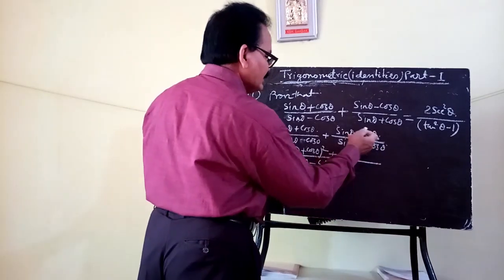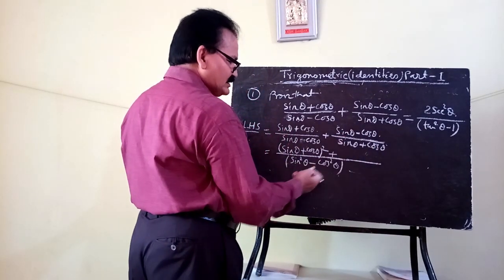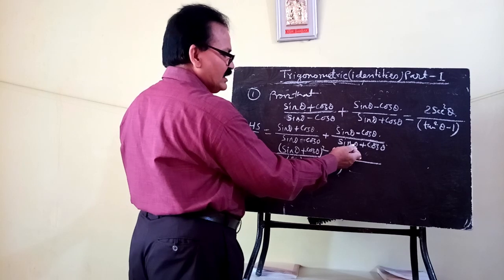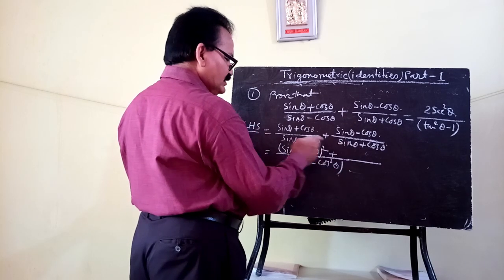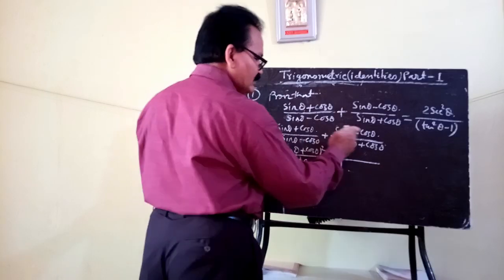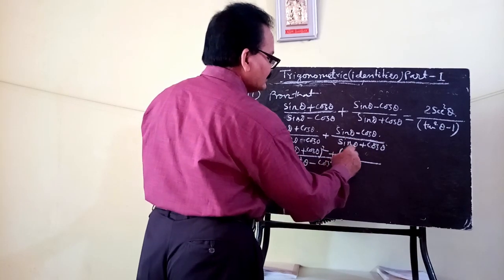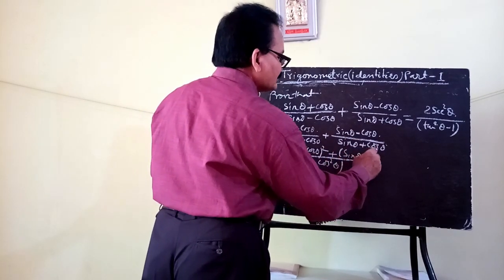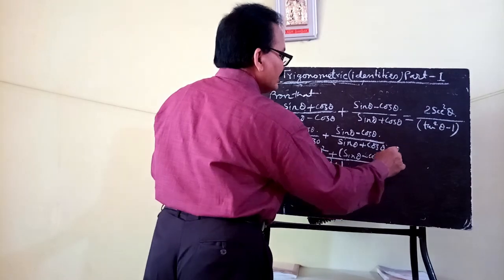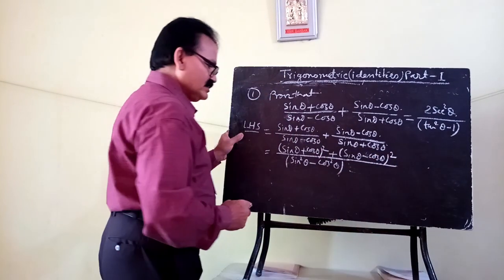On this side also, when the LCM is divided, the quotient will be sin theta minus cos theta, and in the numerator it is sin theta minus cos theta, so again it will be a square, with a plus.